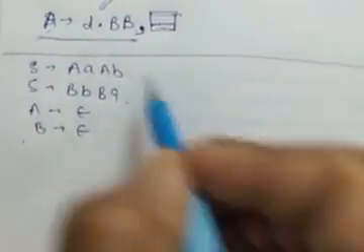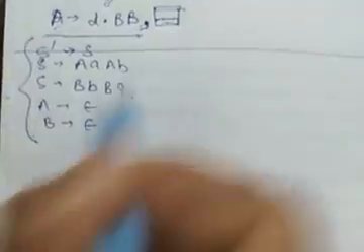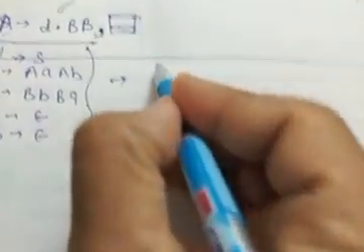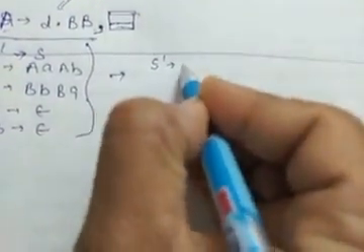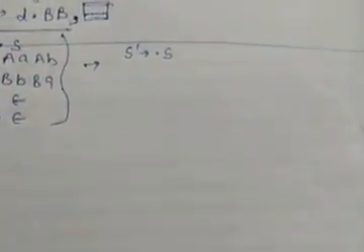So we have the grammar. Firstly we will find the augmented grammar. So this will become the augmented grammar. Then we will move to the closure property. We will start from the start non-terminal, that is S' to dot S. You know that we will use the concept of viable prefixes.